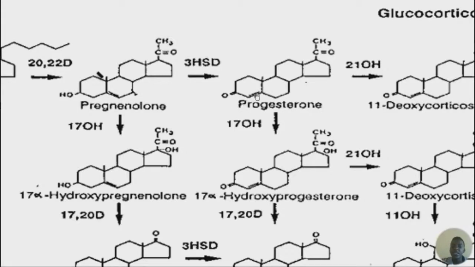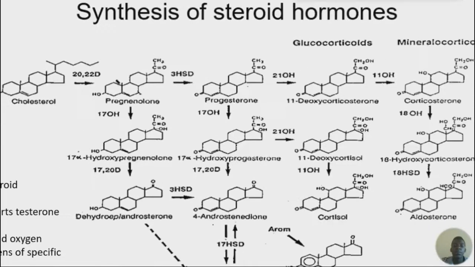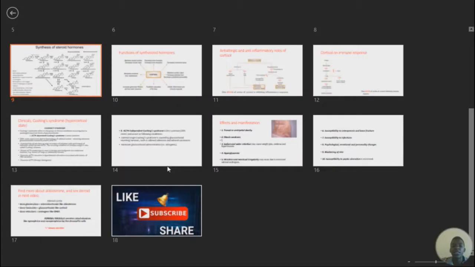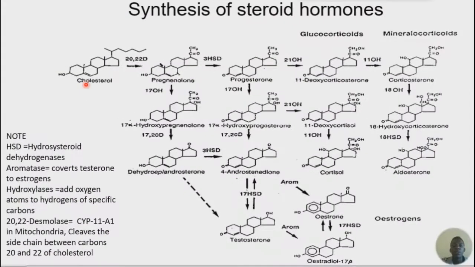This change comes about as you lose the hydrogen atom here by dehydrogenase, so the position of the double bond changes. In this one, the double bond is the same. We have not lost any hydrogen atom. So that is another point to note, maybe. That is basically what we need to know. Let's continue.